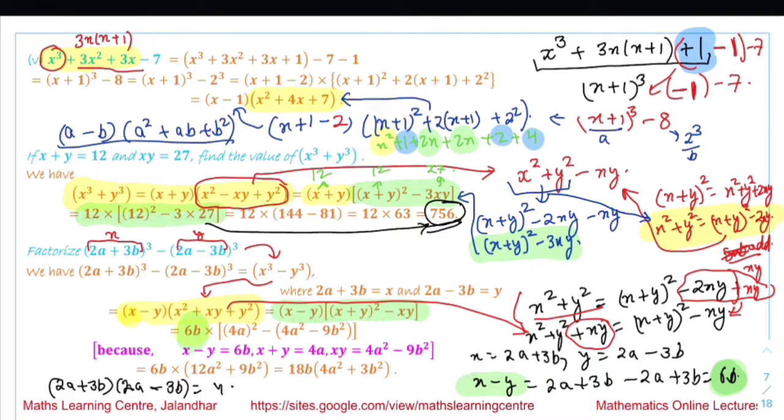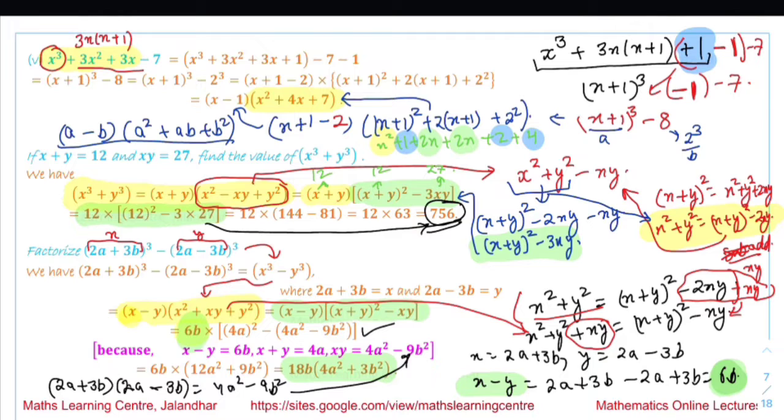So the answer is 4a square minus 9b square. We are using the formula (a plus b) into (a minus b) is a square minus b square. So we are getting the answer in this form, and when you simplify this term, you will get the answer as 18b into (4a square plus 3b square).